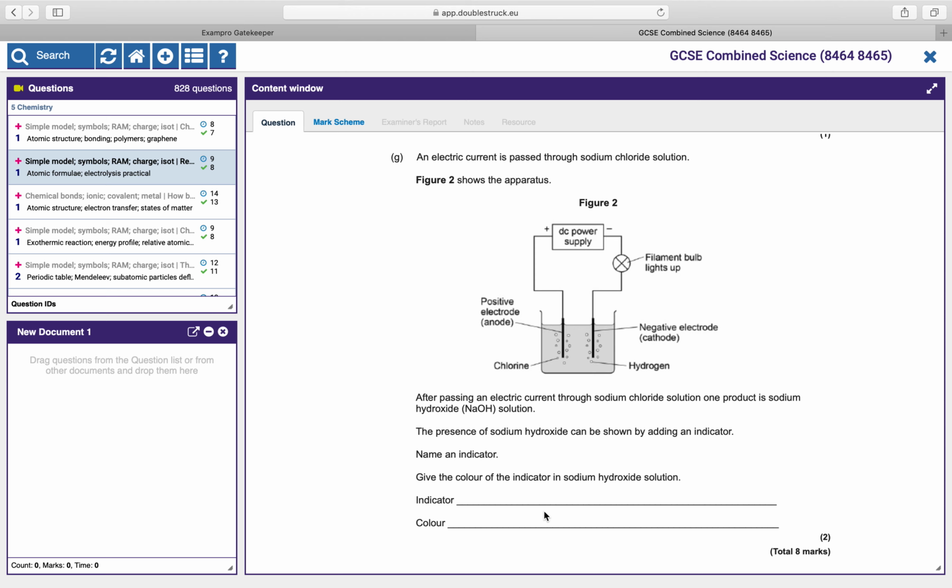And then there's the color. Now, sodium hydroxide, anything with hydroxide, those are alkalis and bases, yeah? So they're going to be between pH 8 and pH 14. Anything between pH 8 and 14, those generally go up from blue until purple.